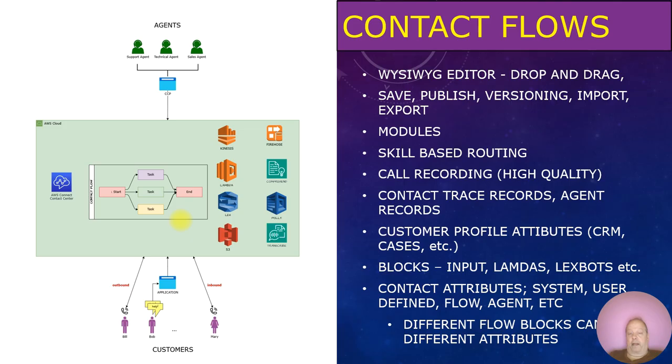Now keep in mind, manually, it looks very manageable and simple to do. But when you're trying to automate this stuff, it gets very complicated, because if I have a contact flow which uses a Lambda, I need to deploy the Lambda in order to get the ARN of the Lambda, the reference to use in the flow block, and the Lambda my flow block is calling has to exist. I have to be able to reference it, those types of things.